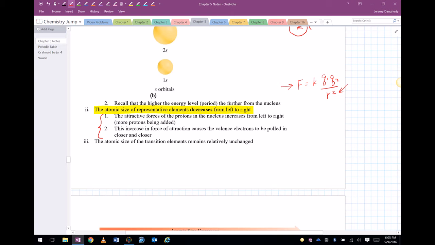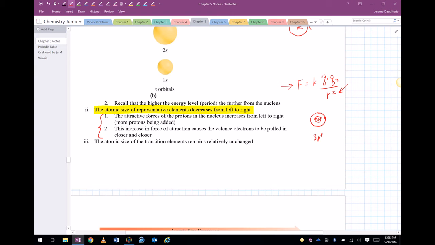Significantly. So what's happening? Here's lithium. Here's the nucleus, which I'm going to show as positive. Here's the first energy level, which has 2 electrons. The second energy level has 1 electron on the outside. But what's important is that lithium has 3 protons attracting electrons.